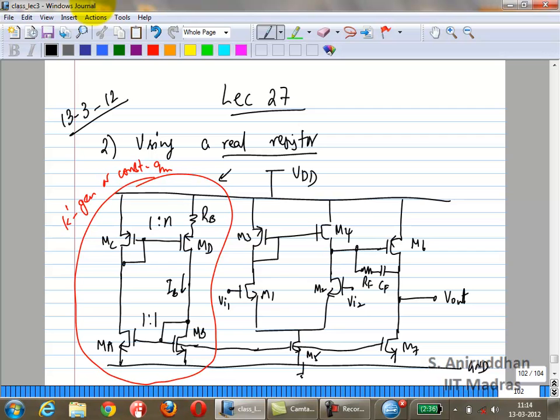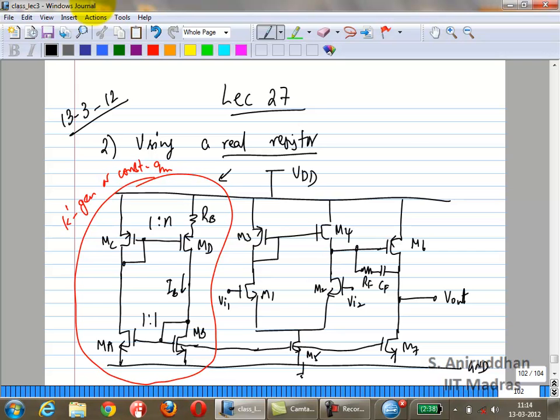Correct? In which case, if you make RB and RF the same type of resistors, and you choose RB such that GM6 is 1 over RF, then you can make sure they cancel out. Correct?